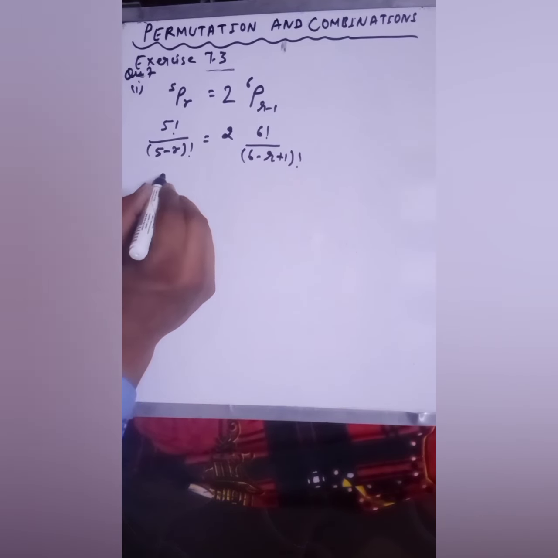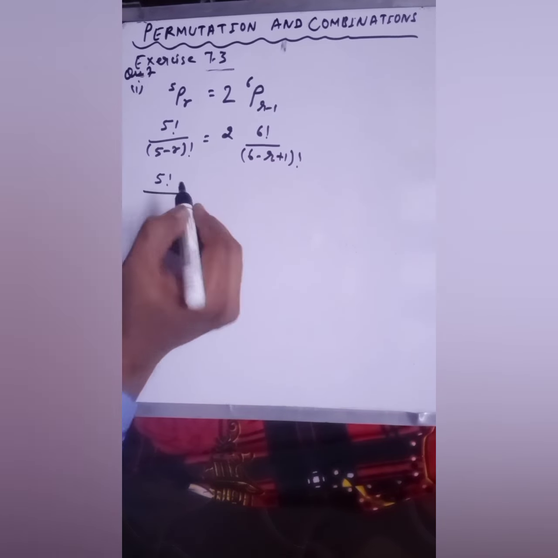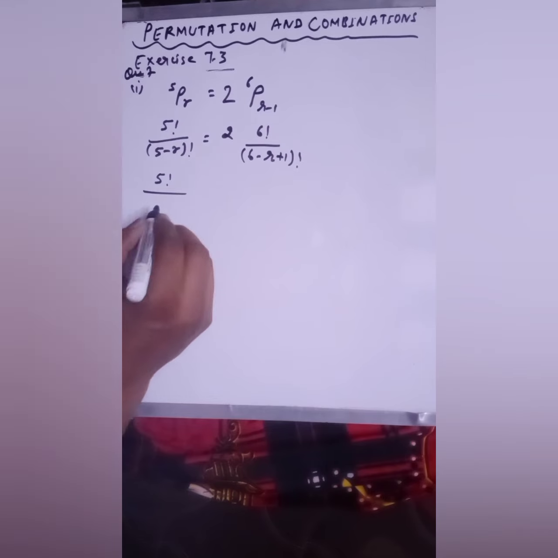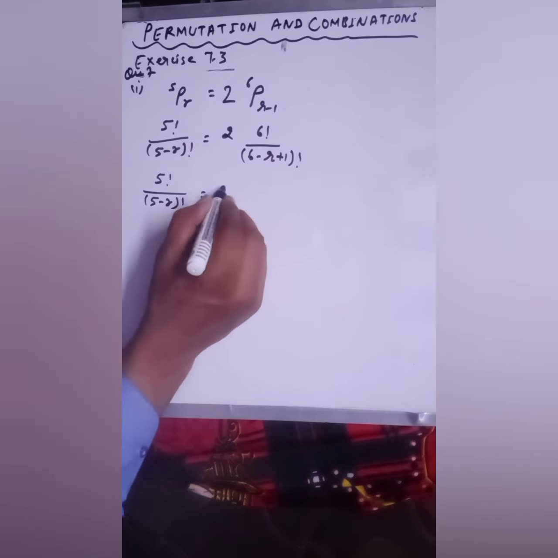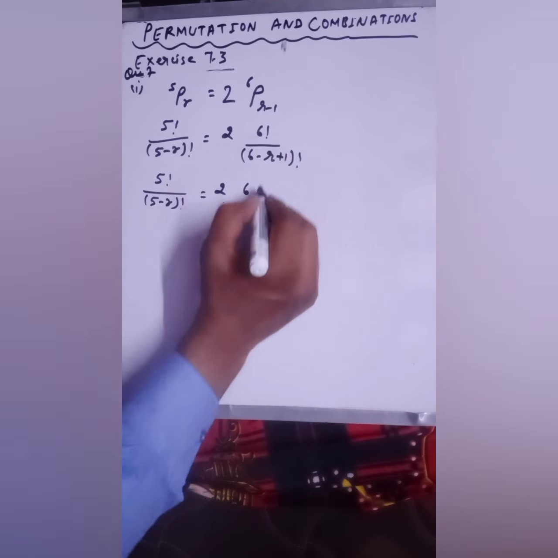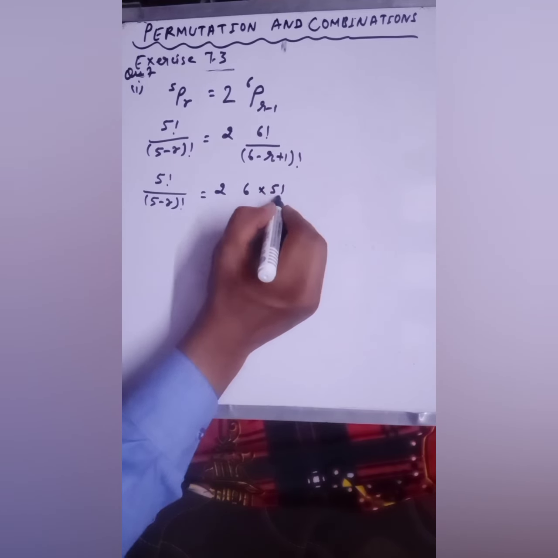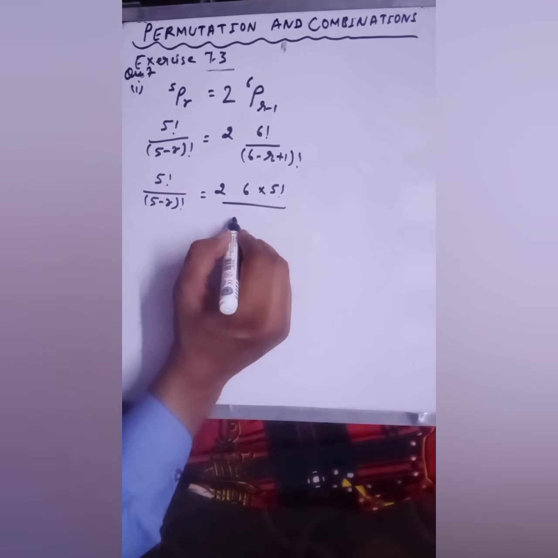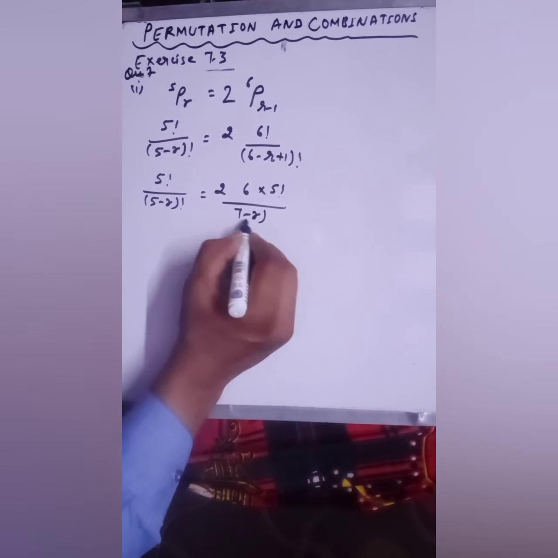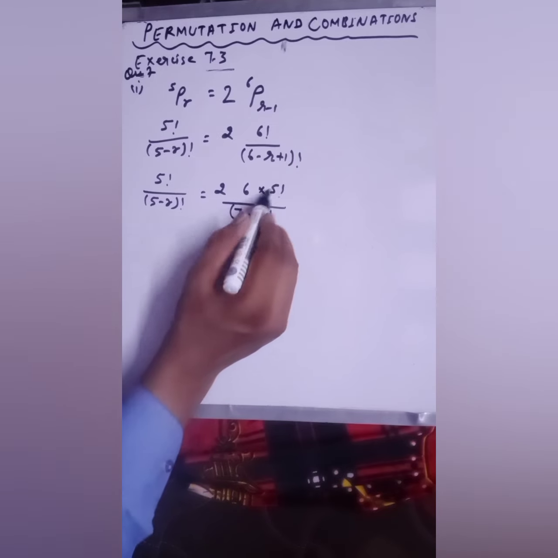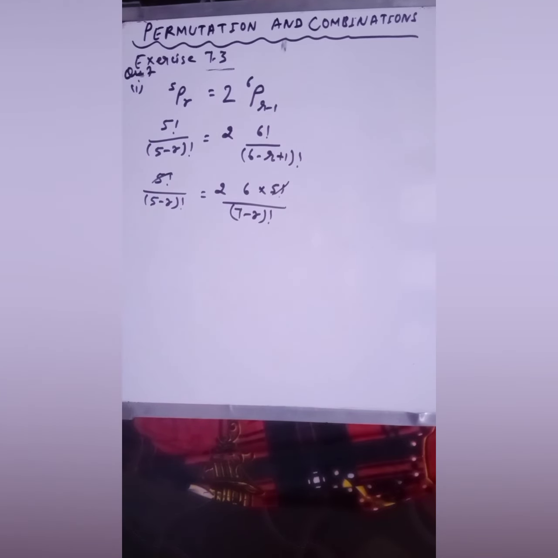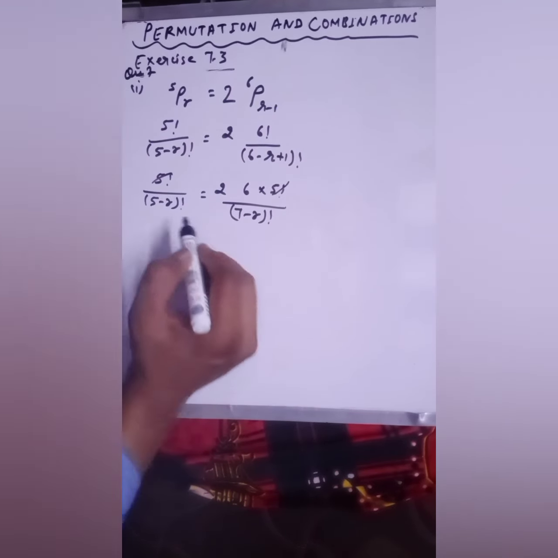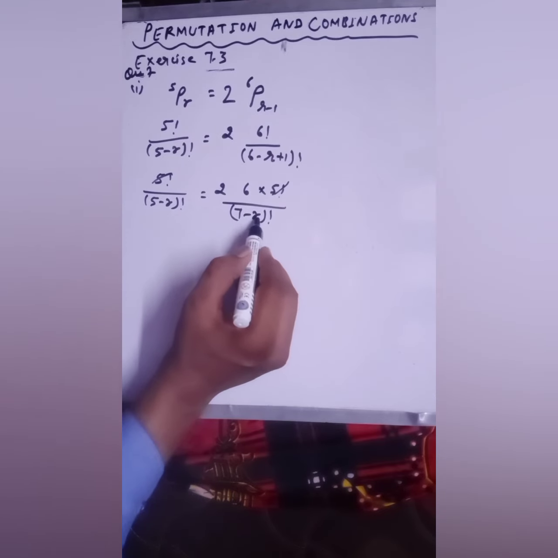So this is your 5 factorial over (5 minus r) factorial, that is twice. This can be done as 6 into 5 factorial, because this 5 factorial and this 5 factorial will cancel out. That's why I'm writing (7 minus r) factorial. So it is 5 minus r, this is 7 minus r.